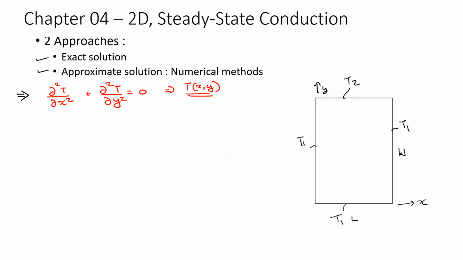In some scenarios, it's difficult to get an exact solution. In that case, we divide our body or domain into small elements or volumes, and then we use a numerical method or an iterative process to calculate the temperature distribution. We will be looking at that in this chapter as well.